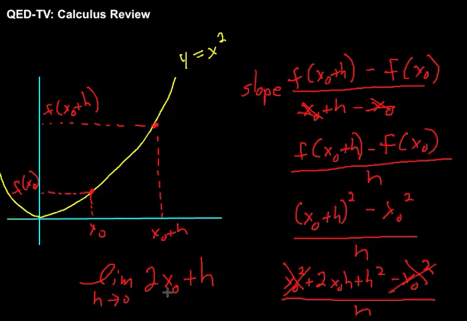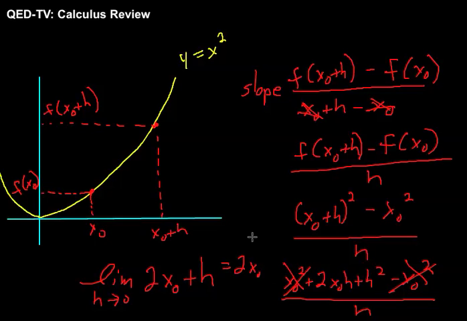And what would that be? Well, if you take h smaller and smaller and smaller until it's approaching 0, you can just plug 0 in there to see what is the limit. Where is it going to go? And you'll notice that the limit of 2x naught plus h, as h goes to 0, if I put in 0 in there, it would be 2 times x naught.